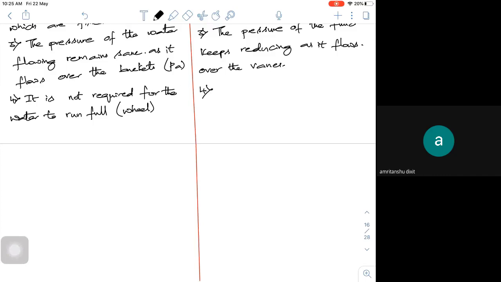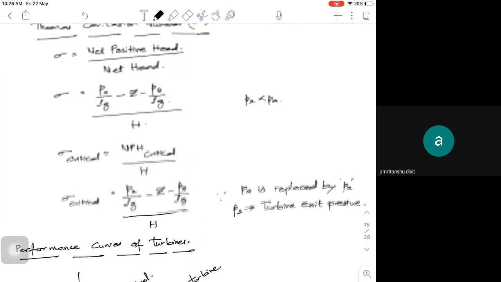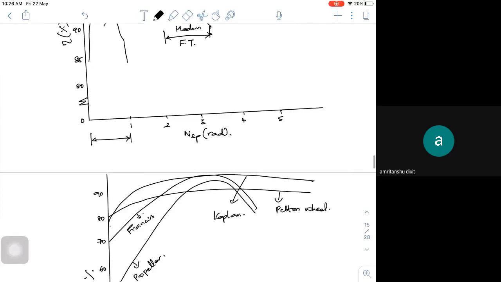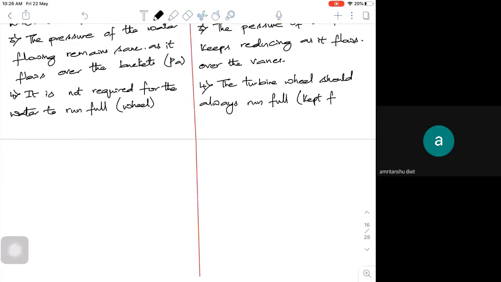It's required that the turbine wheel should always run full. That means completely filled with water. That is kept full of water. That's the meaning of it. I can write it as, it should be kept full of water. This is the condition. That means it should be completely filled.